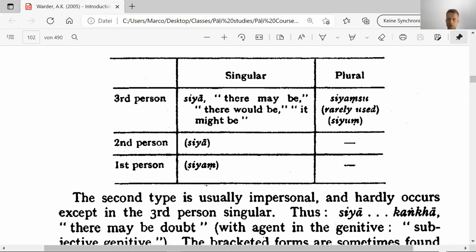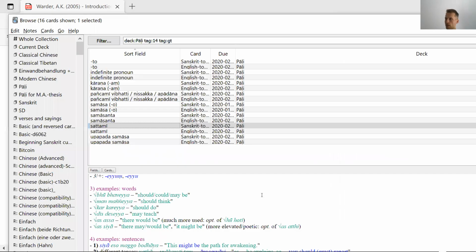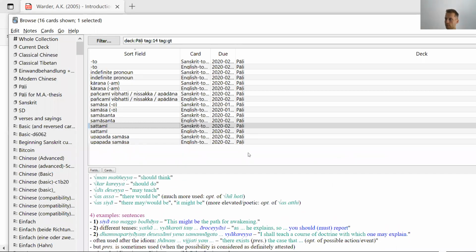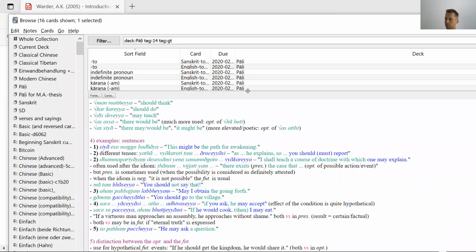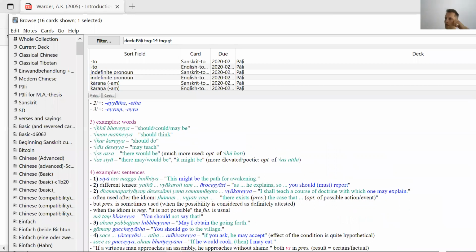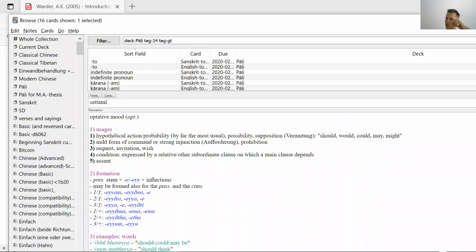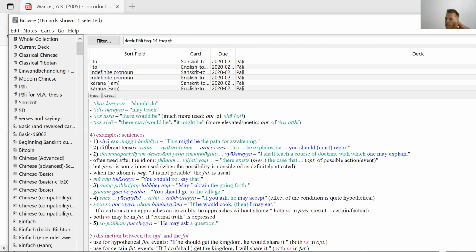And to give you a couple of examples regarding the first usage, hypothetical action or probability, siya eso maggo bodhaya, this might be the path for awakening.